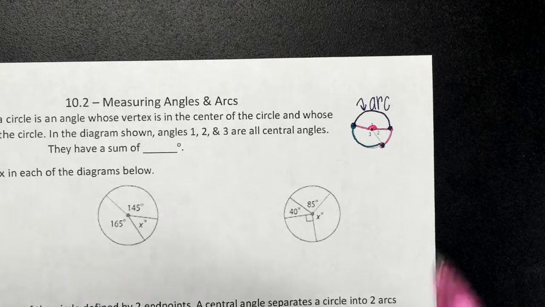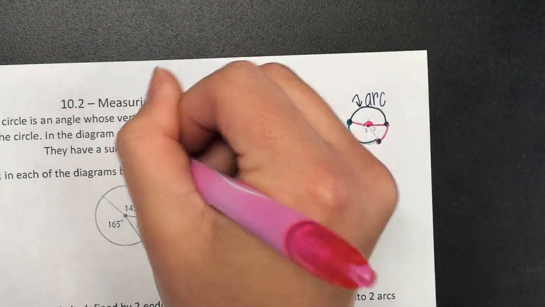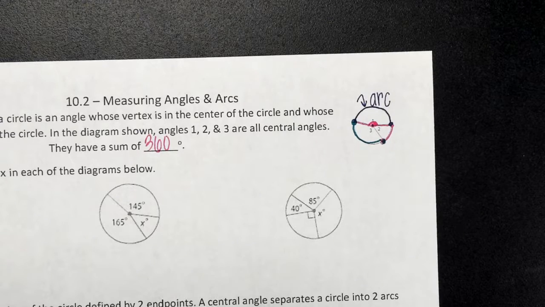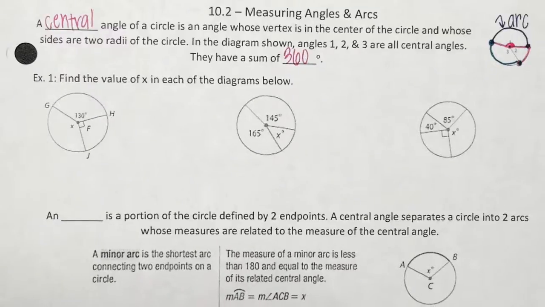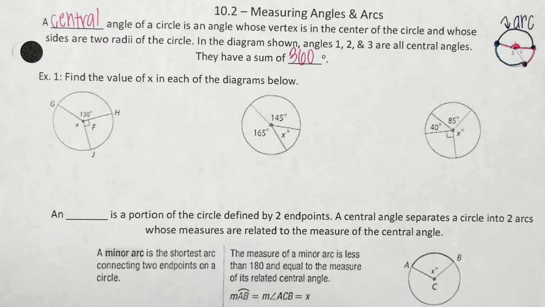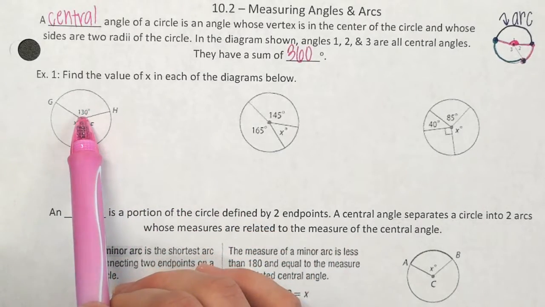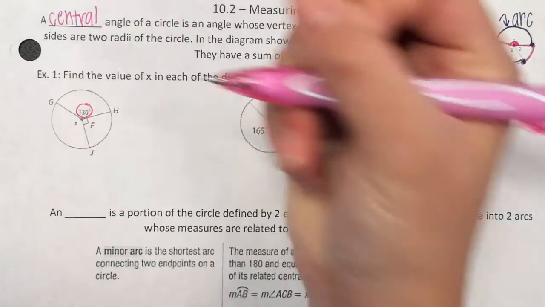How many degrees are in the whole inside of the circle? 360. So this circle has a sum of 360 degrees. So in example 1, knowing that there's 360 degrees in a circle, you want to find the missing piece. So this arc, or this central angle, takes up how many degrees? 130.